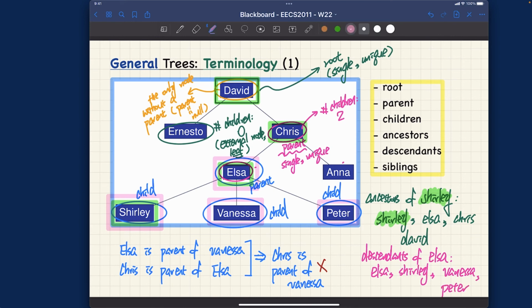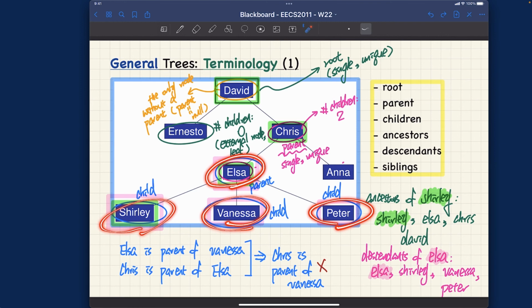And notice that a node is simply its descendants at the same time, right? So that would mean over here, let me just talk about Elsa. We know that Elsa's descendants will be Elsa herself and also all the children. This will be descendants over here, right?